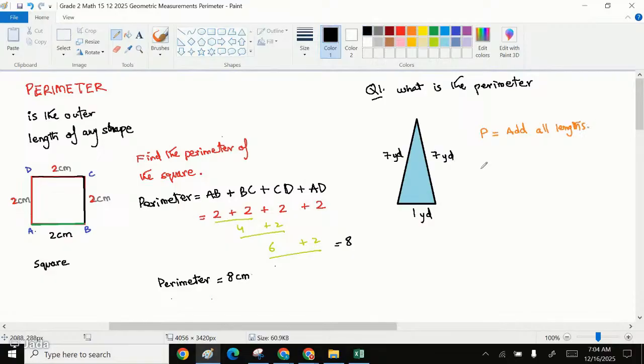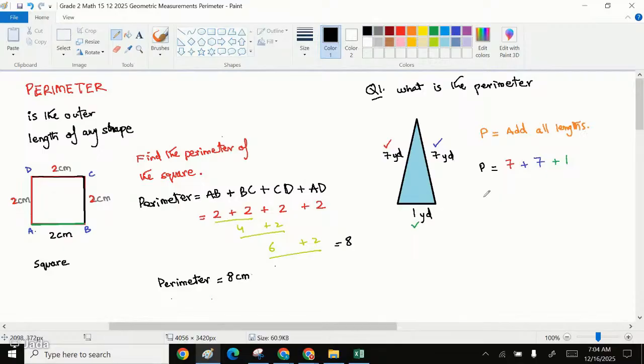So what we can say is perimeter is equal to, if this is our first length, 7 plus the second length, 7, and the third length, because this is a triangle and a triangle has how many sides? 3 sides, right?